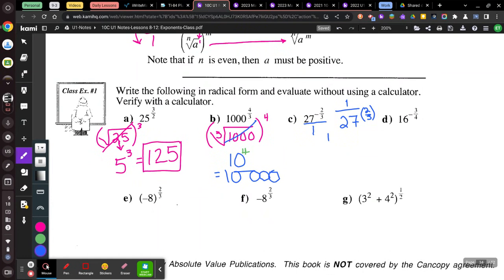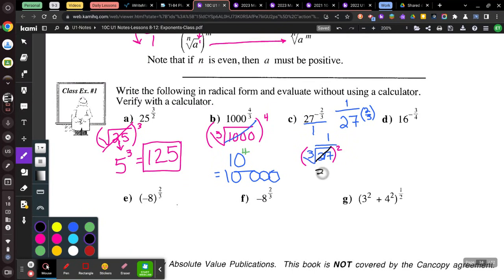So now we're going to have 1 over cube root 27 in brackets, exponent 2. So now you take the cube root of 27, you actually solve it. We're going to solve that, and we're going to get a 3. That 2 now sits on that 3. So I have 3 squared. That's going to give me 9. So it evaluates to a positive 9.